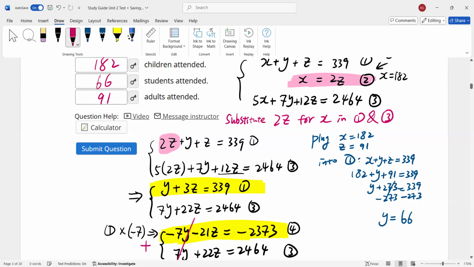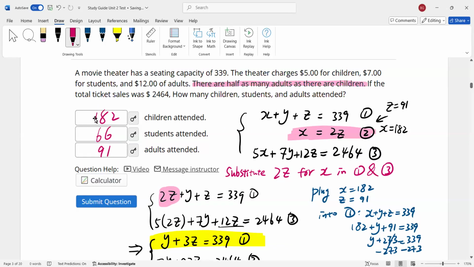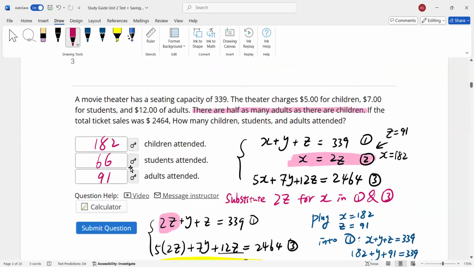And I would spend a little bit of time to double check, but I would not plug those 3 numbers into the system to check. I would plug the 3 numbers into the original sentences to check. Together, let's see, 182, 66, 91.